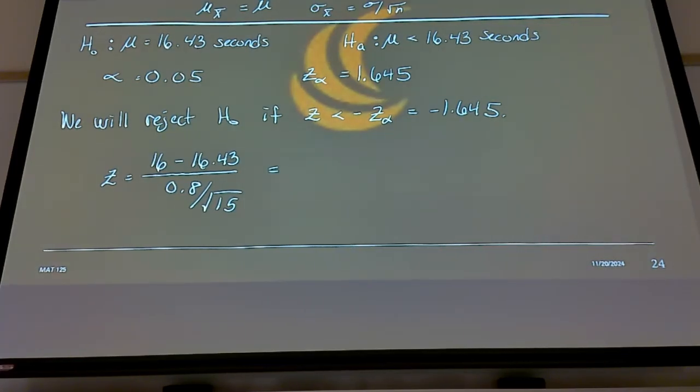The z-score is negative 2.08. Is that in the rejection region?